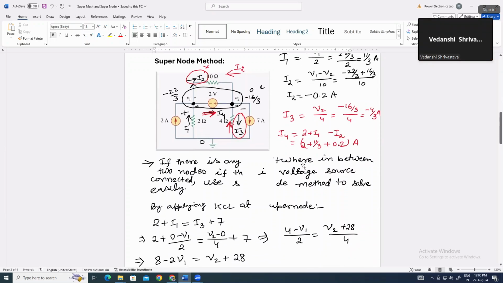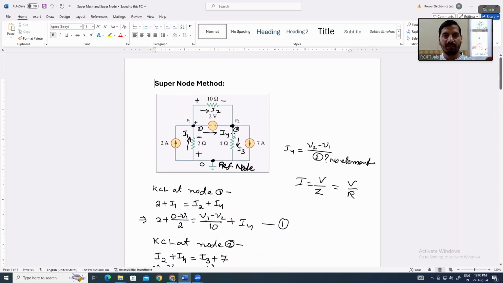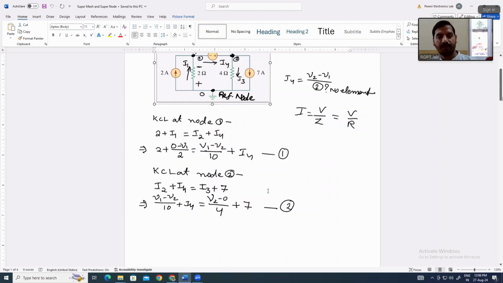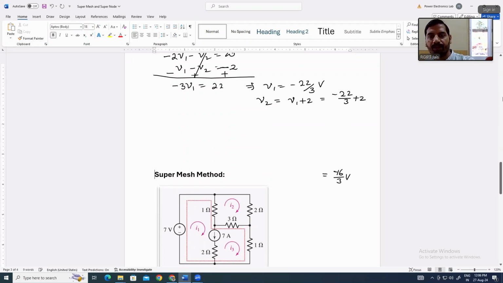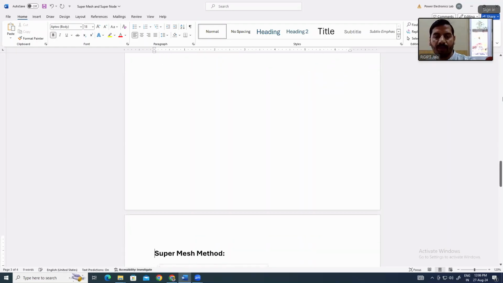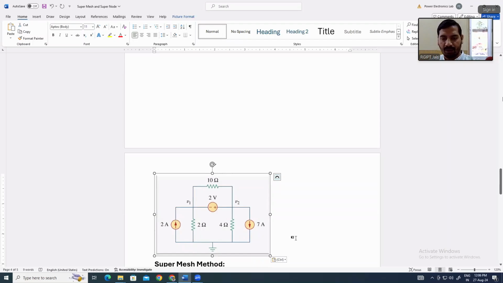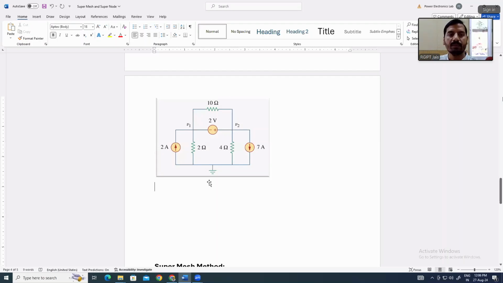Sir, could you please explain it briefly again? Okay. So again, I am taking this same problem for super node analysis.